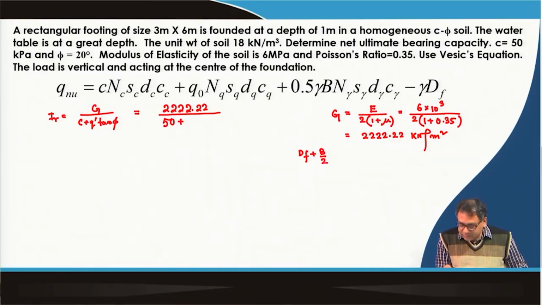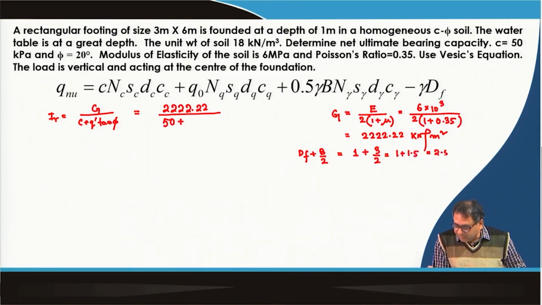Df is 1 meter, the depth of foundation, B is 3 meter, so 3 divided by 2: 1 plus 1.5, so 2.5. So, we have to calculate q dash at a depth of 2.5 meter from the ground.